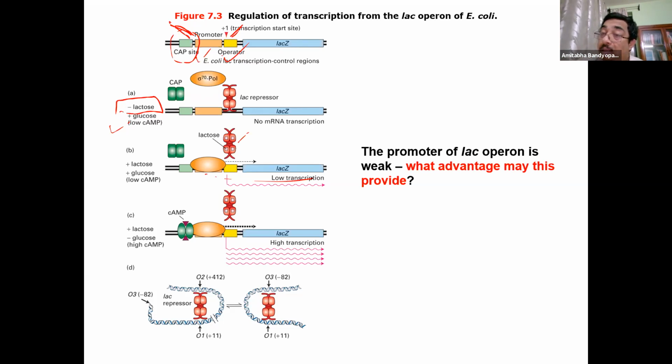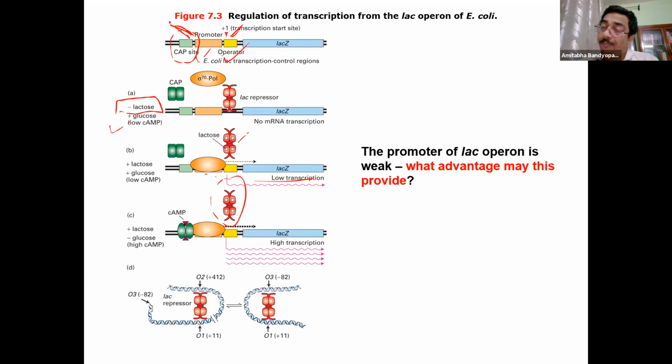But remember that there is some glucose in the system as well. So it's a low cyclic AMP setting. When there is no glucose and only lactose, then not only is the repressor off the operator, but also cyclic AMP bound CAP protein is now recruited to the CAP site, and this cyclic AMP bound CAP protein can interact with the RNA polymerase.